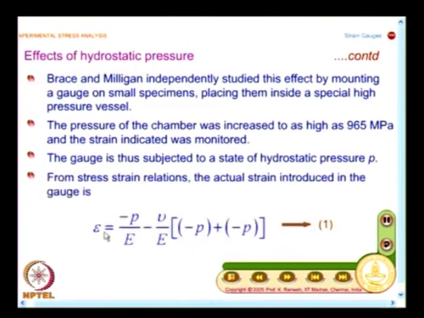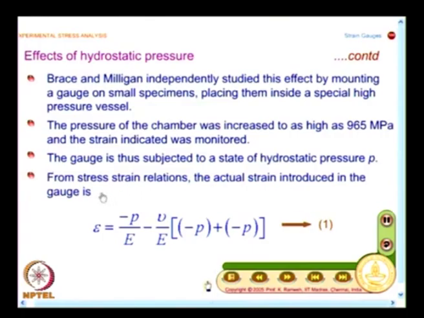You can do this from stress strain relations. I have epsilon as minus p by Young's modulus, minus nu by E into minus p plus minus p. So, I will have an expression, based on my analytical calculation, for the actual strain introduced.